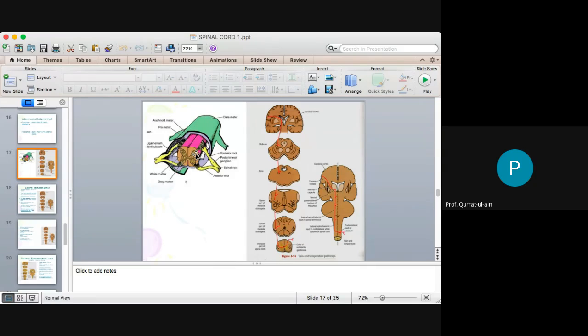It's only the difference in the receptors which makes the sensation change. Otherwise, the fibers of the lateral spinothalamic tract move from the posterior horn, the substantia gelatinosa. It will cross over and will move into the opposite white column. I'll just zoom this.